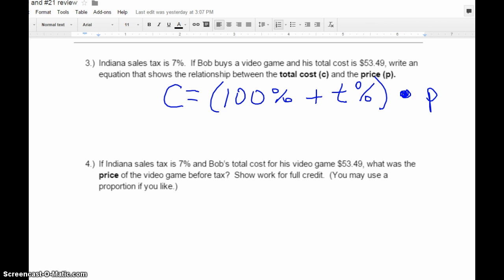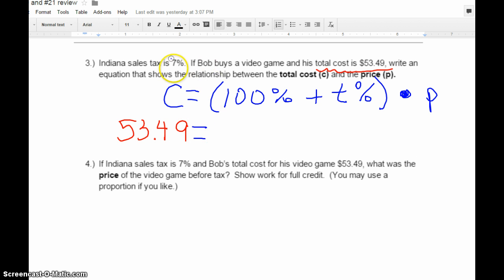So now I can replace the variables with the numbers I've given. Got to be careful on this one. Total cost is $53.49. So that means $53.49 replaces this C.